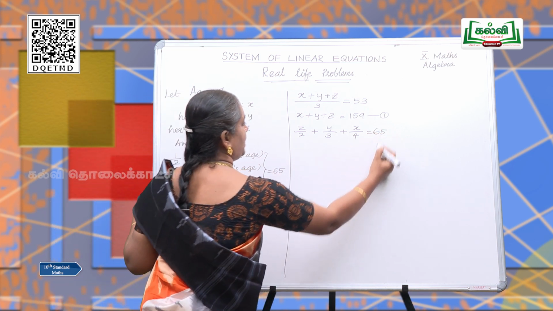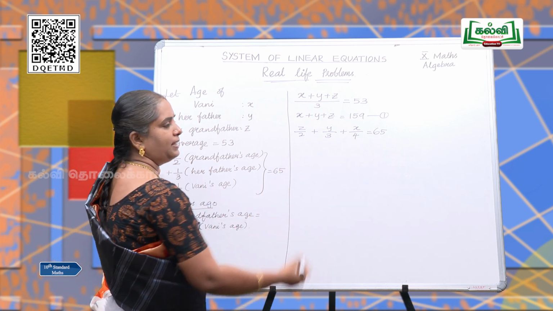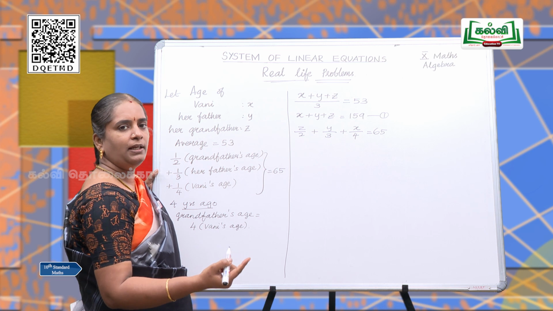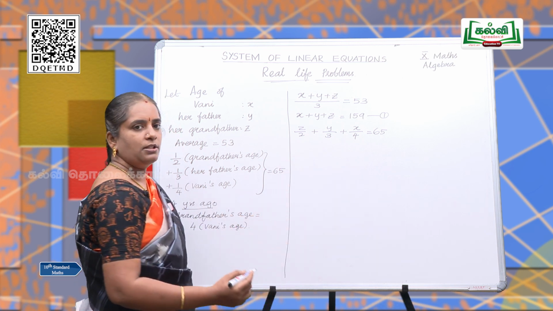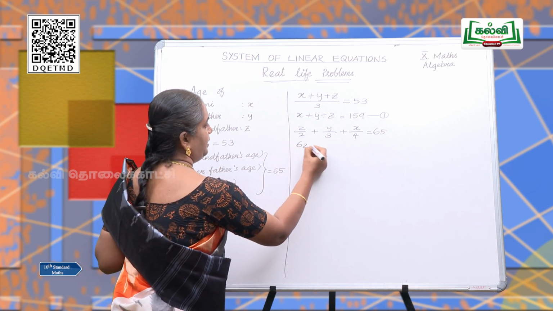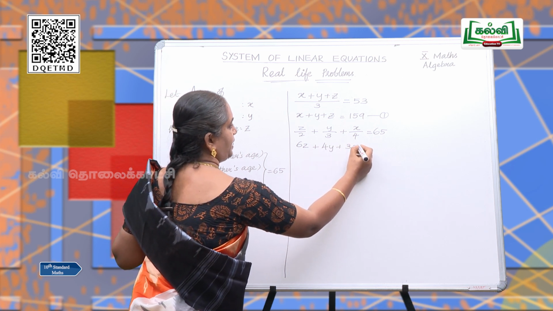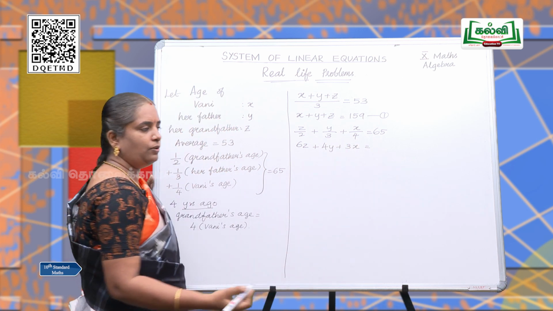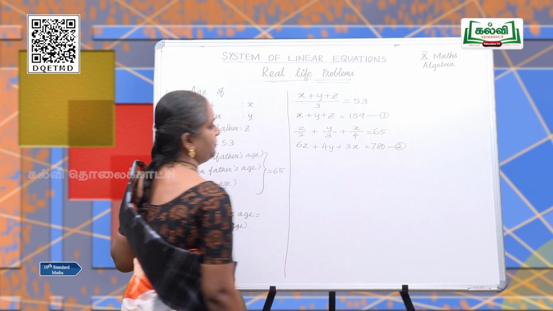So, is the second equation. We are going to rephrase it, that is taking LCM, multiplying by the LCM both sides, that is LCM is 12. So, multiply both sides by 12. So, it becomes 6Z plus 4Y plus 3X is equal to 12 into 65, 780 is our second equation.